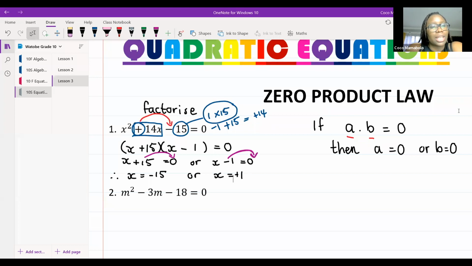Gino says, ma'am, why aren't you saying 1 times -15? It's the same thing, Gino, because there's already a negative here in front. Just because I'm not saying the 15, it doesn't mean that the negative, like I'm not saying -15, it doesn't mean that it's not there. It's there.